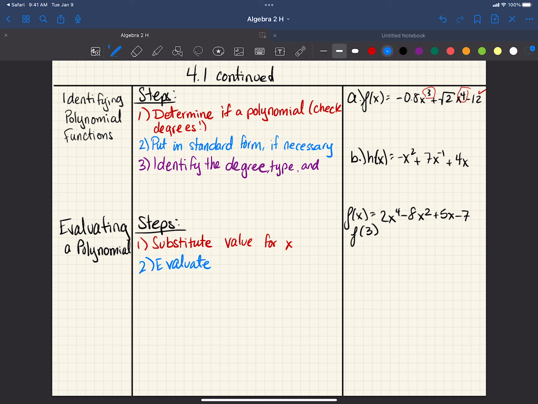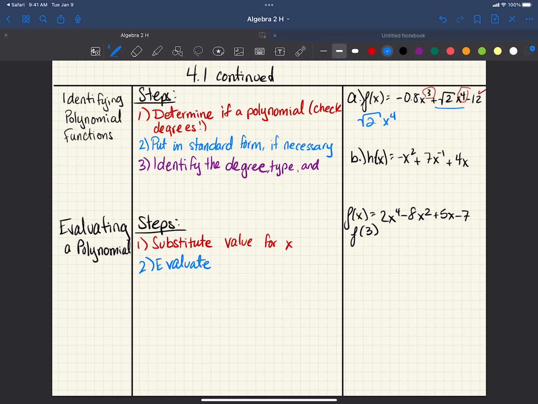Now I need to write it in standard form. So remember, like I said, standard form is in descending order. So you need your largest variable to be first, which in this case is that square root of 2x to the fourth. Now you may be confused about this, but remember that the square root of 2 is still a real number, right?